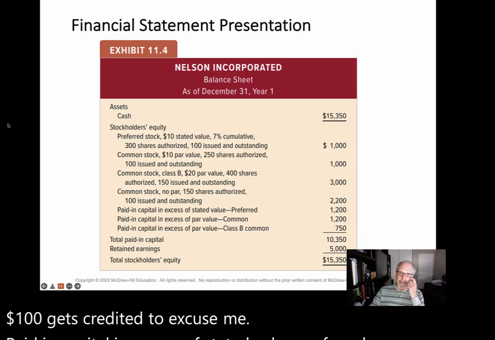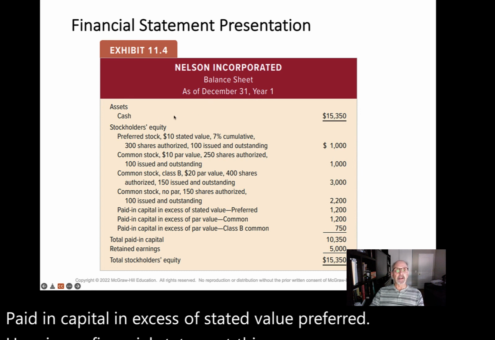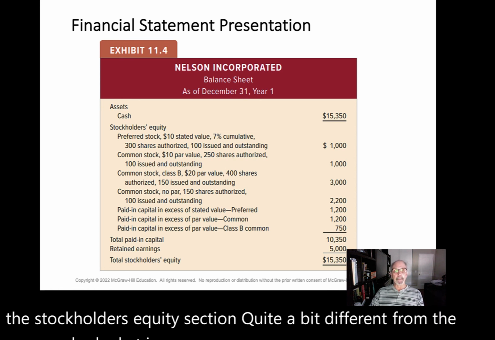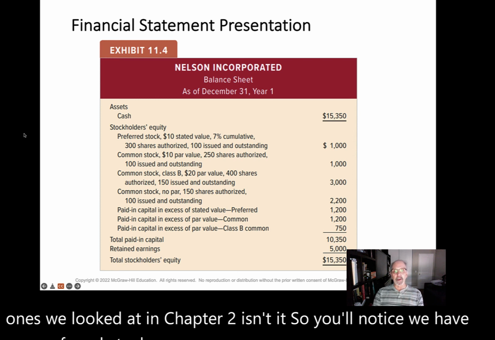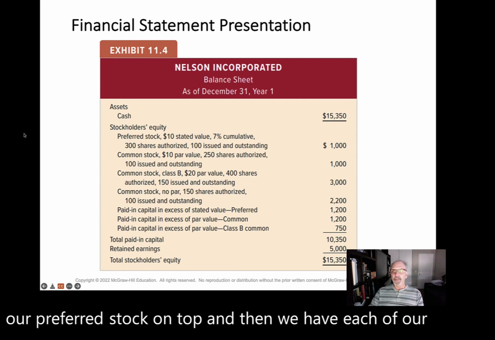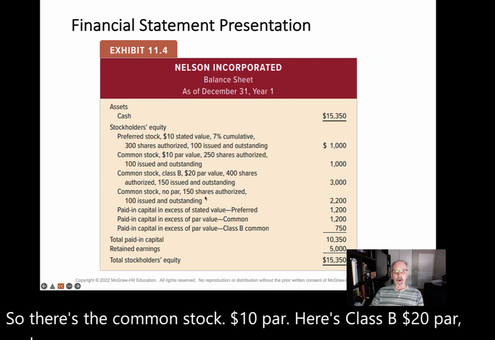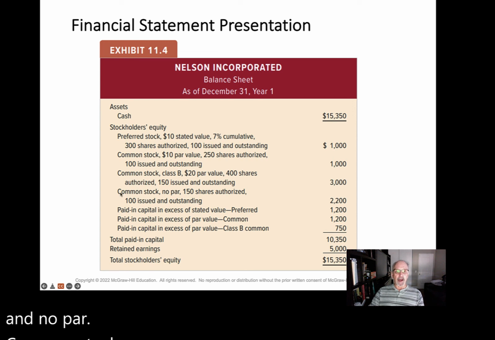So here's our financial statement. This is the balance sheet. Here's the stockholders' equity section. Quite a bit different from the ones we looked at in Chapter 2, isn't it? So you'll notice we have our preferred stock on top, and then we have each of our common shares listed as they were sold or issued. So there's the common stock $10 par. Here's Class B $20 par, and common stock no par. After the stock listing comes the paid in capital in excess.